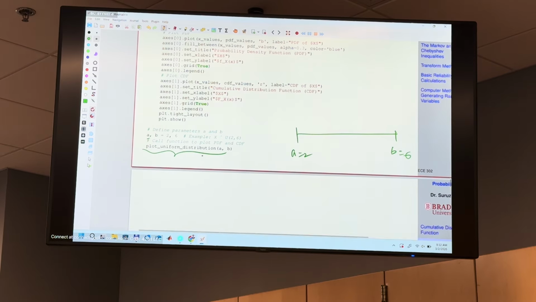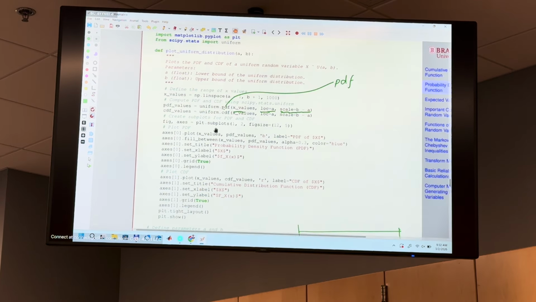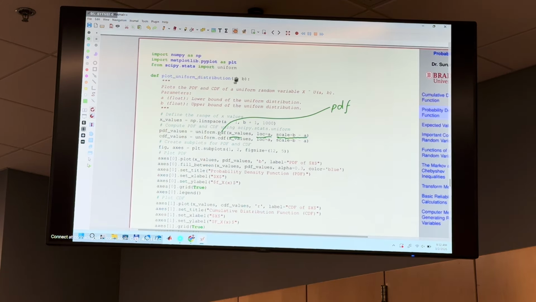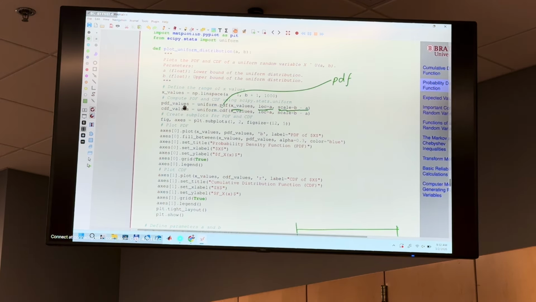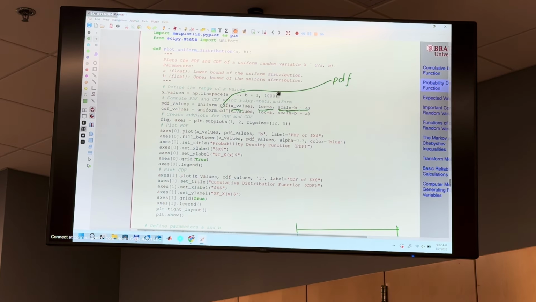This is the function name, and you pass these two parameters, which will come right here. So A will be replaced with 2 and B will be replaced with 6, and then this code will be executed. You first define the linear space from A minus 1 all the way to B plus 1, 1000 points, and then determine the probability density function values in the variable PDF value and cumulative distribution function values in the variable CDF value, and then all you are doing here is simply plotting.